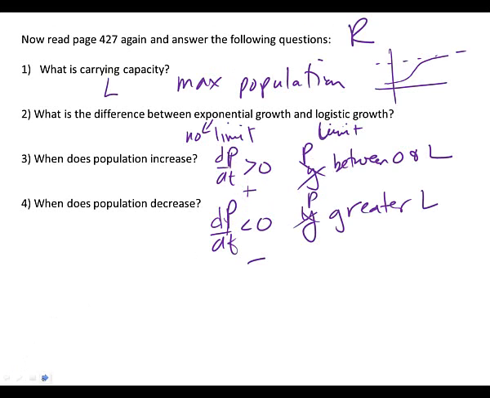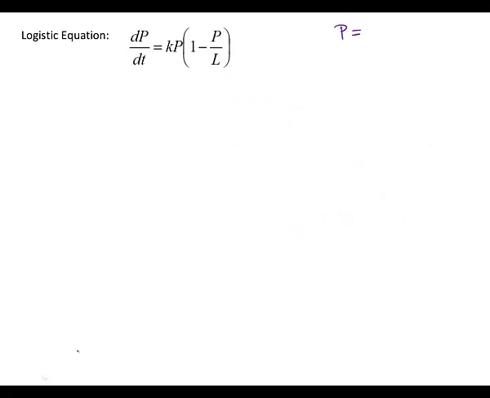In every single book, they give you a similar equation, but they have different letters in it. So we're going to use this one even though it doesn't match our book. P made more sense because it stands for the population. So P stands for population at time t.